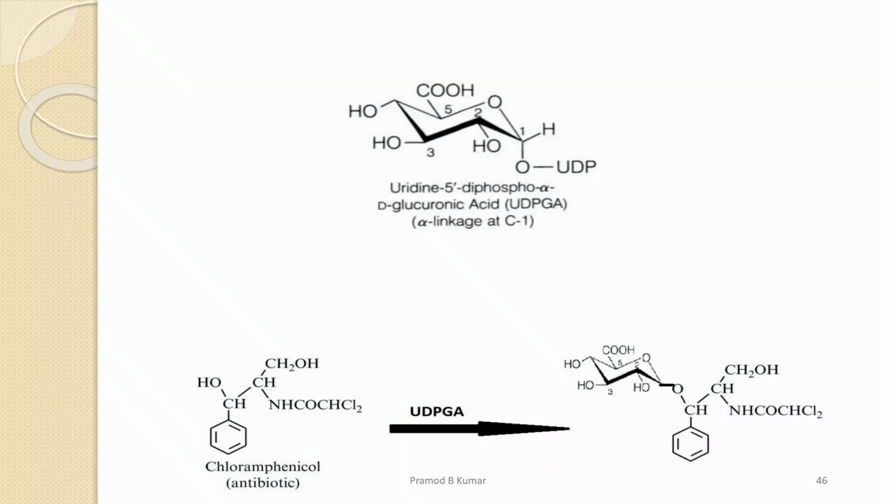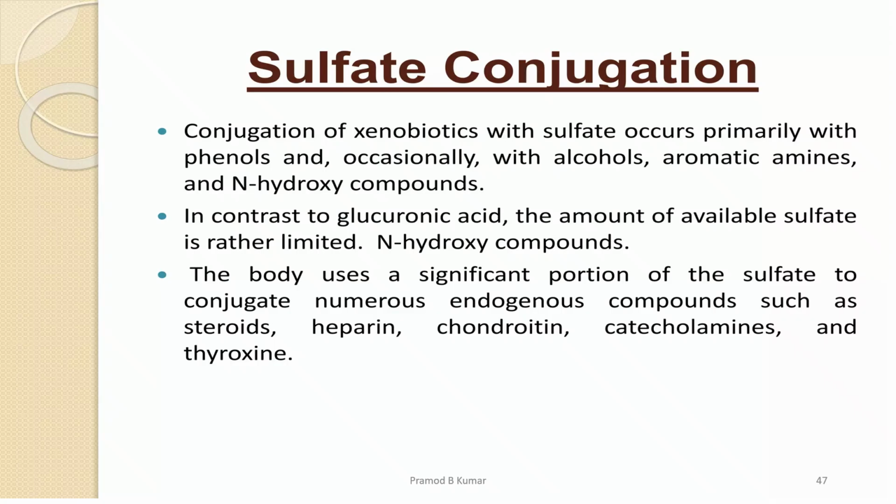It reacts with uridine diphosphoglucuronic acid, which combines with the OH of chloramphenicol and forms an ester moiety. Here there is an O-linkage, that is glycosidic, or there is an acid. So different targets will react in different forms.